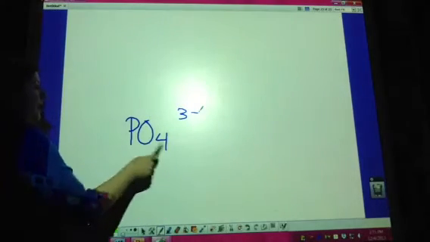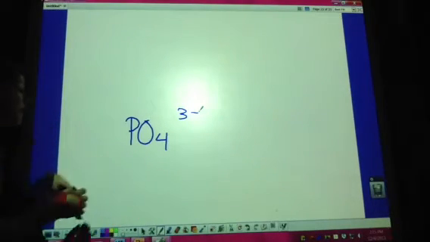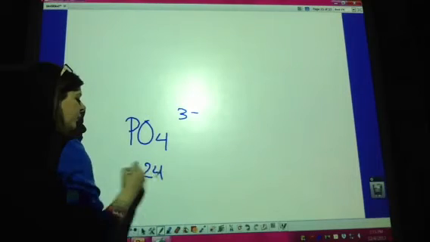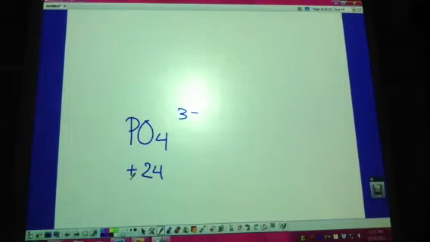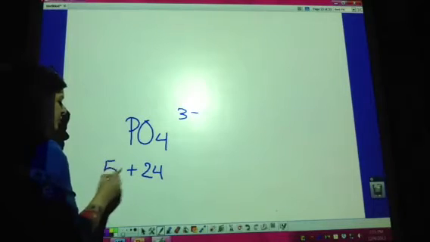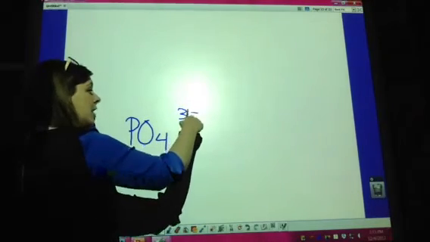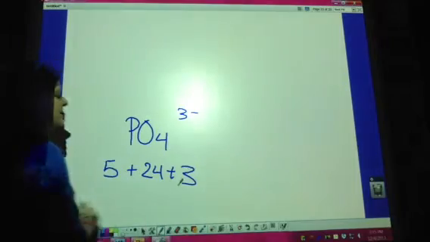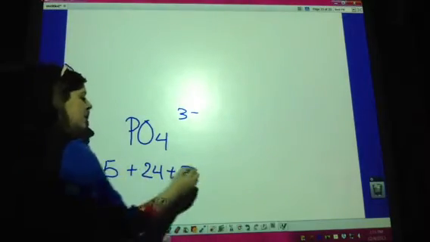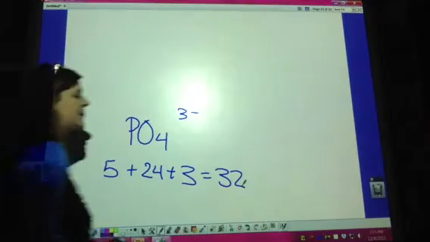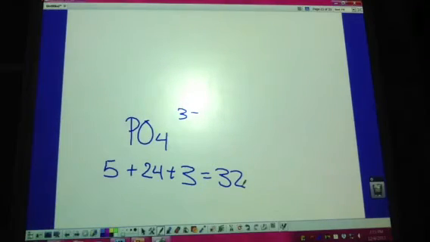We know that oxygen has 6, but there are 4 of them, so technically that's 24. And phosphorus should have 5. So we have 5 plus our 24, but I have 3 extra electrons, so that's +3. So it's really my 24 plus 8. Overall, phosphate has a total valence electron count of 32.